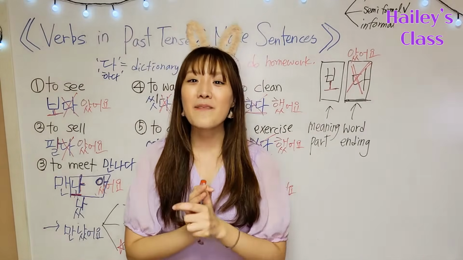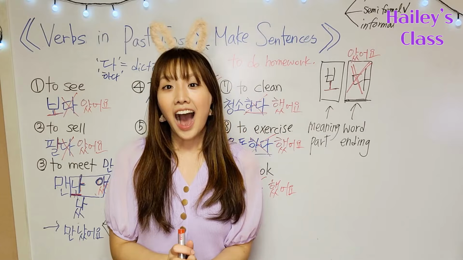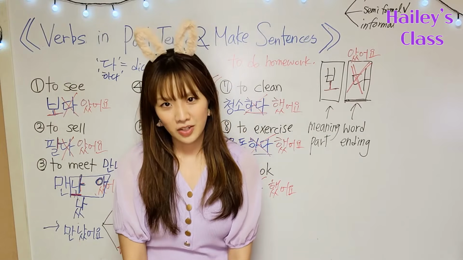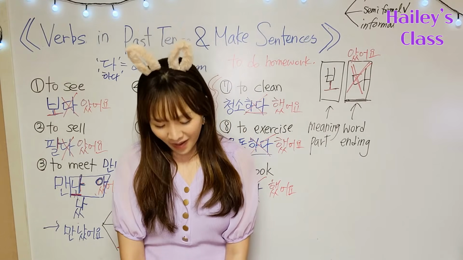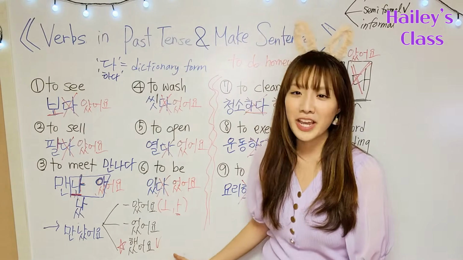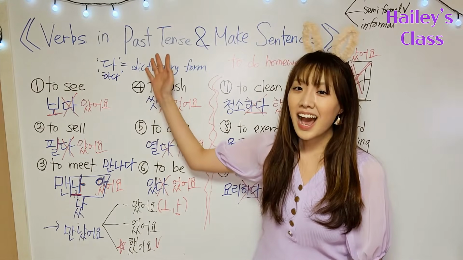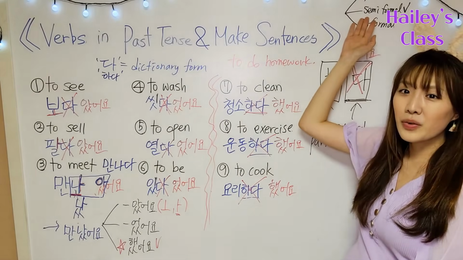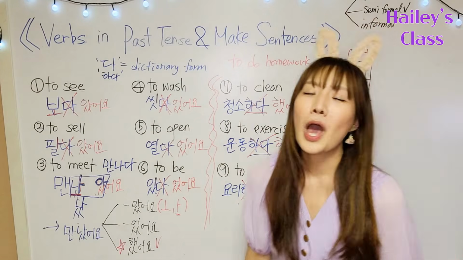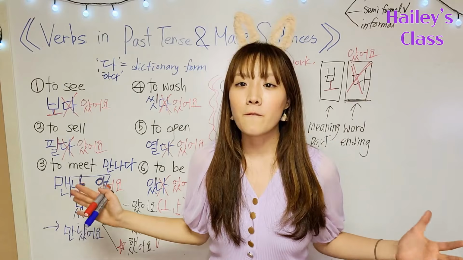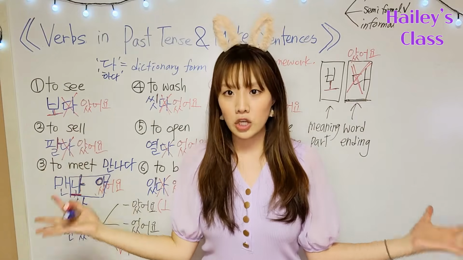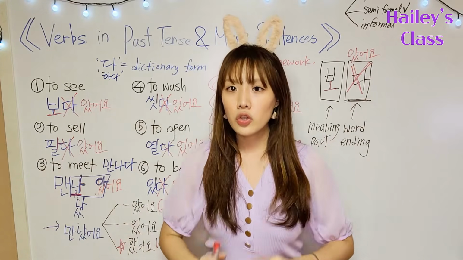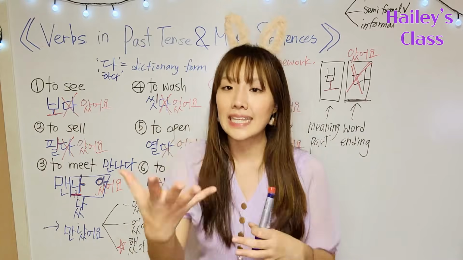You're doing amazing. This is really tricky, I know, because there are 3 ways of changing the past tense in the semi-formal. This is only for the semi-formal actually, but it is the form that is commonly used in Korea. So when you know these, you can say them in Korea.